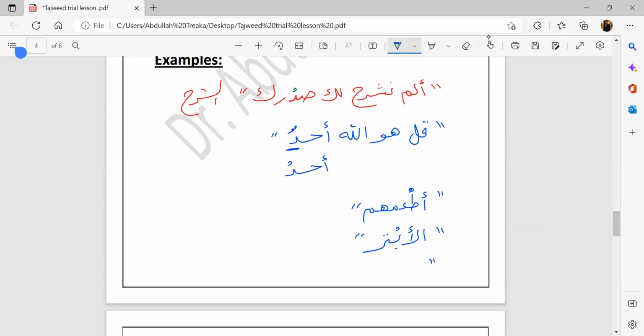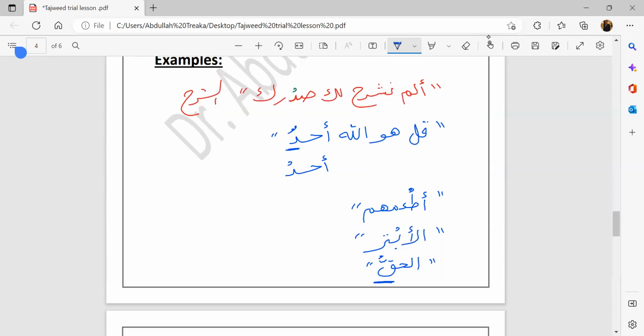And again, الحق. It has a shaddah and a damma. If we stop at the letter, this is one of the qalqala letters, and it becomes sukoon when we stop at it. So when we say الحق, we stop here.